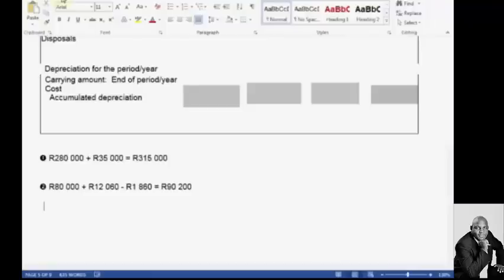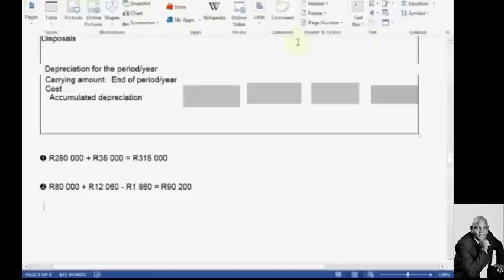And then the profit side of it, whether we made profit or we made a loss, will be taken care of in the profit or loss statement. Here we're not interested in the profit per se. We just want to declare the cost, the value of all our equipment.